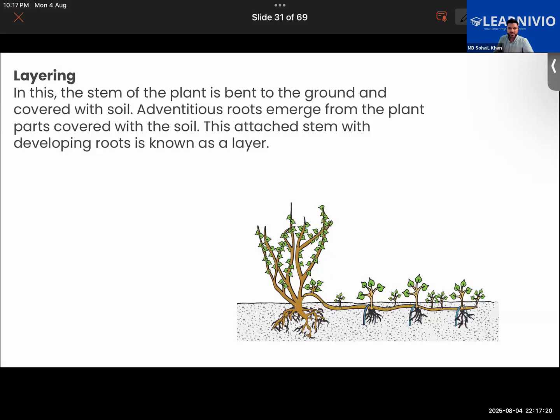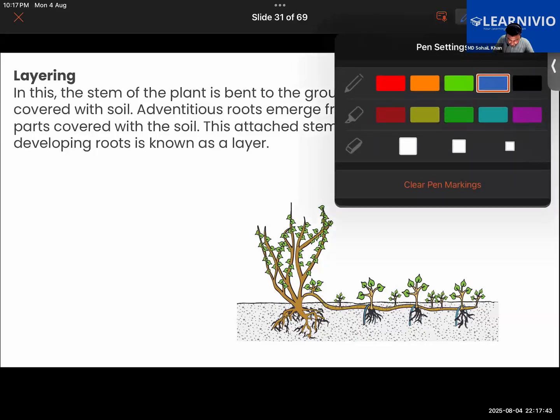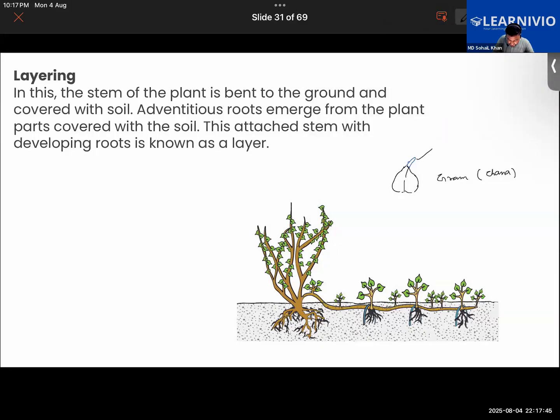So basically, when a seed germinates, suppose we have this gram, also called chana. When this grows, a radical grows out. Then later on, plumule will also grow out of it.